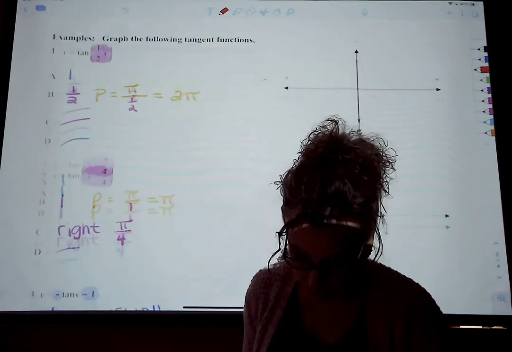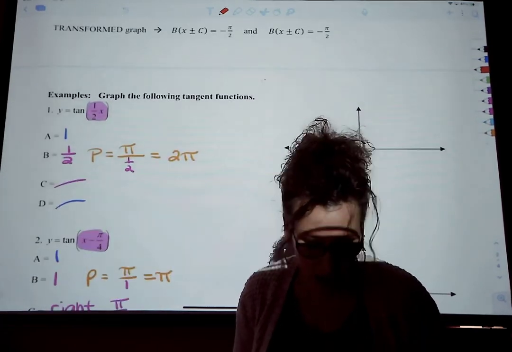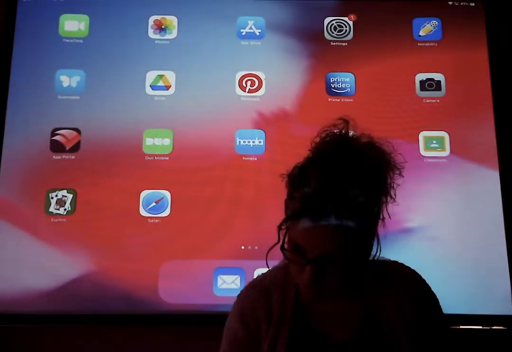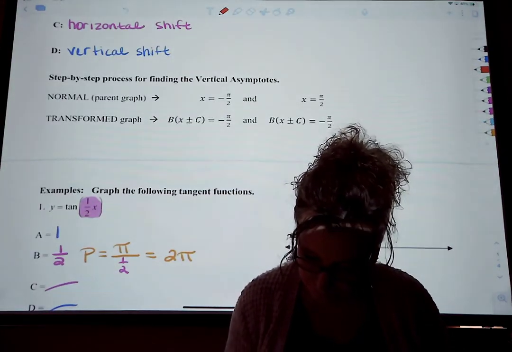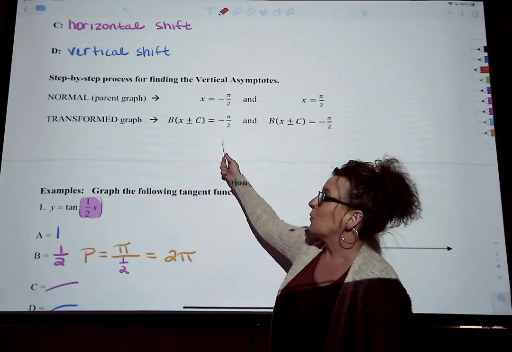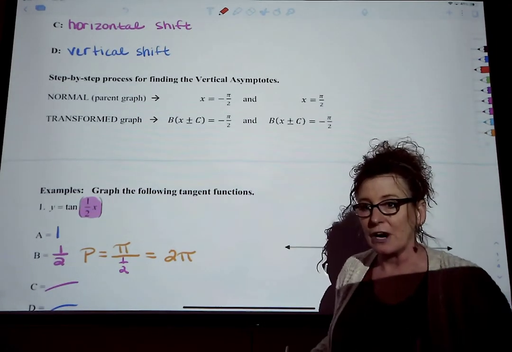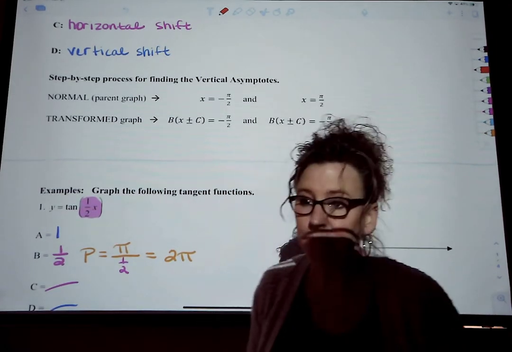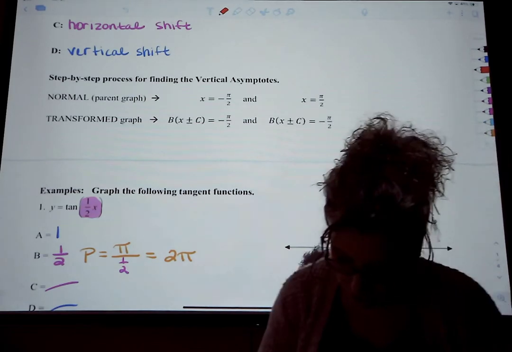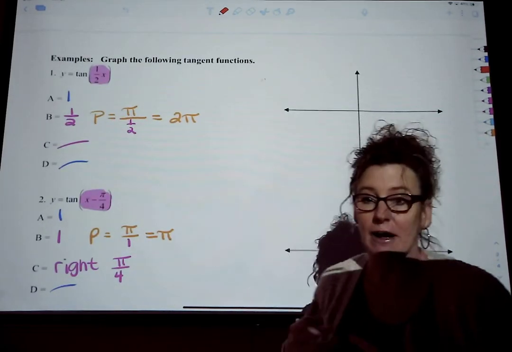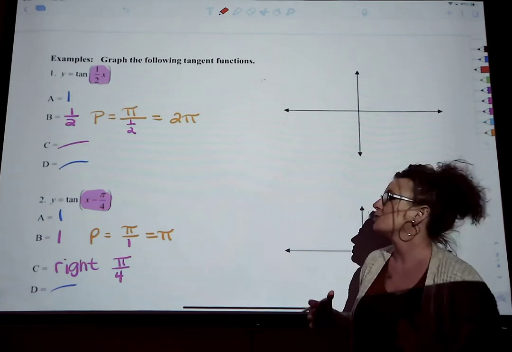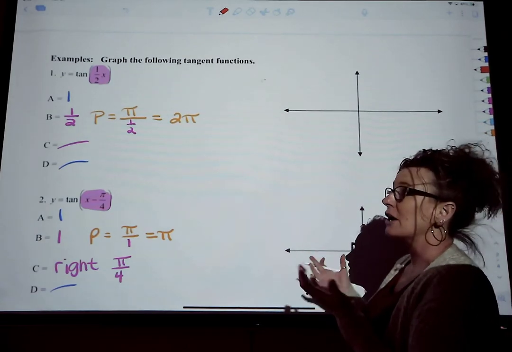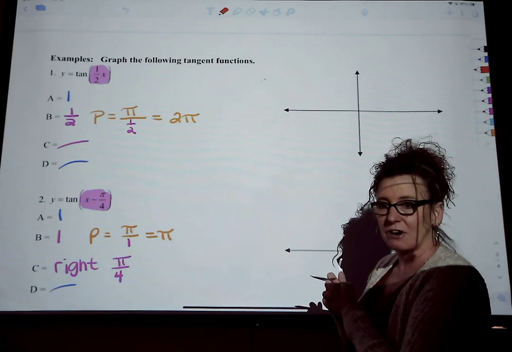Alrighty, now, there are little equations you may use to figure out where your asymptotes need to go. Or I'm just going to show you how I graph them. I don't use a little equation. I just use my knowledge of fractions, really, in order to graph them.